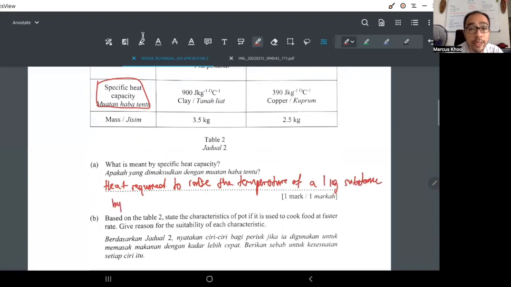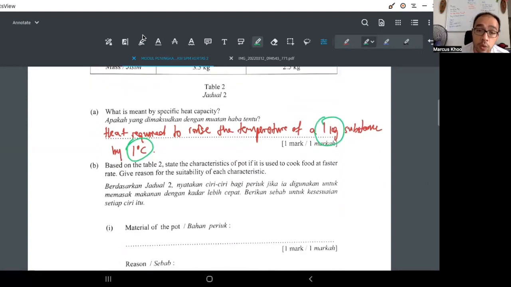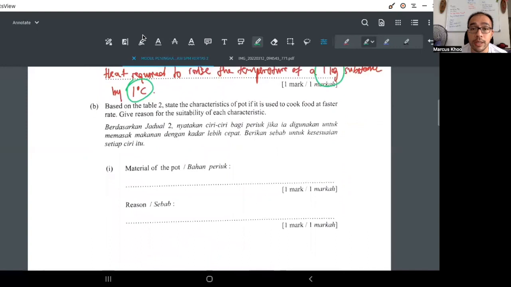The heat required to raise the temperature of a 1 kilogram substance by 1 degree Celsius. The 1 kilogram and the 1 degree Celsius is a very important one. Okay, must have.